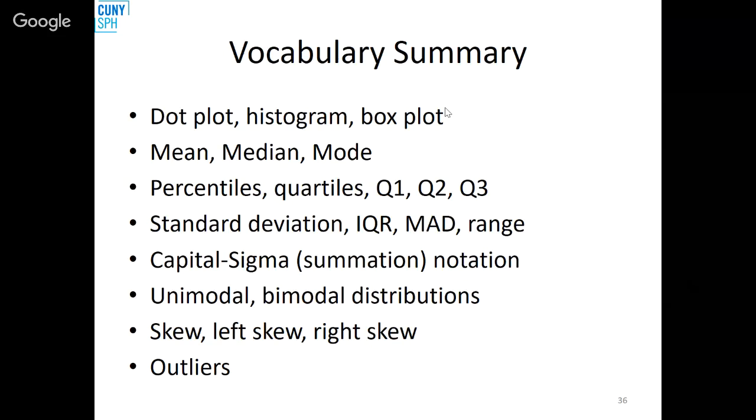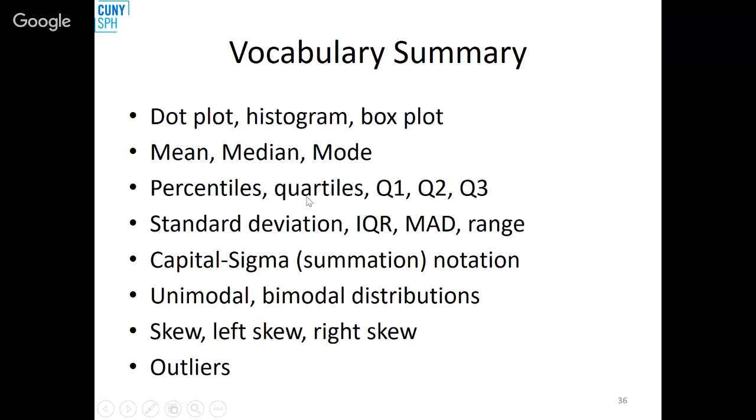Here is your vocabulary summary of the day. We covered, again, these dot plots, histograms, and box plots as ways to summarize a quantitative variable, and mean, median, and mode as numerical summaries of a quantitative variable.